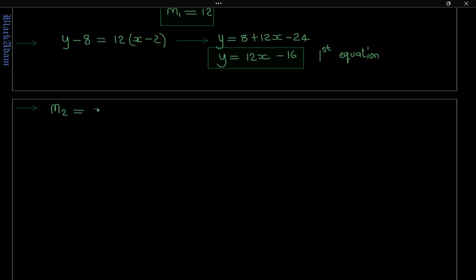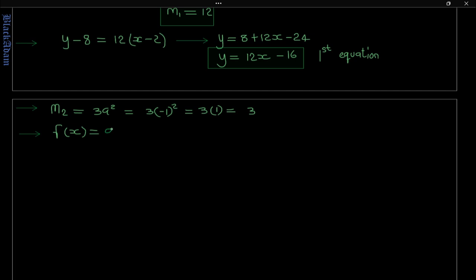gradient 2 is going to be 3a squared, it's going to be 3, and then we put a as -1 there, squared, to give us negative 1 squared is 1, times 3 is 3. So m2 is 3. And the other thing that we do, we're going to look at the function.